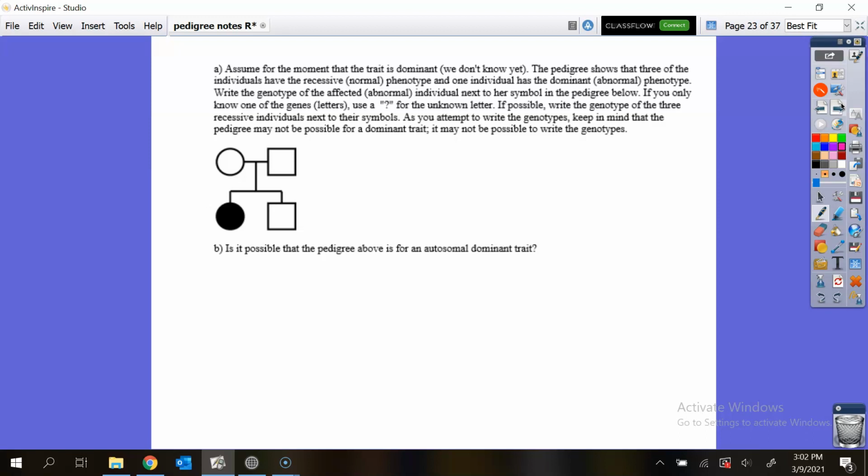In this case, autosomal means we don't use the sex chromosomes, right? So an affected individual with an autosomal dominant trait could be either AA or Aa.